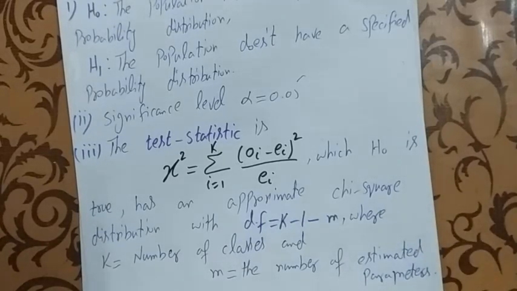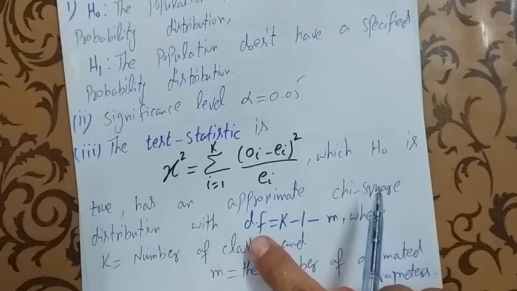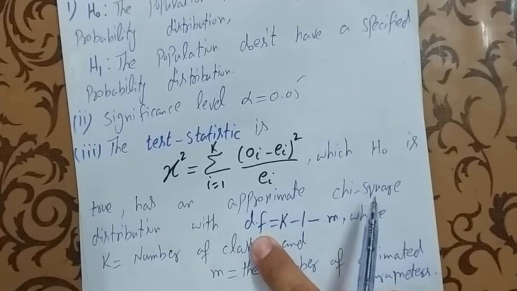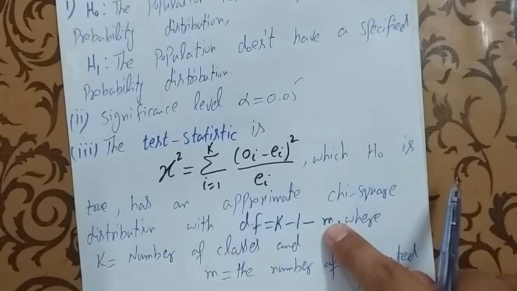Like when we use a Poisson distribution, there is only one parameter, which is denoted as mu. So for the Poisson distribution, the value of m is equal to 1 because there is only one parameter.